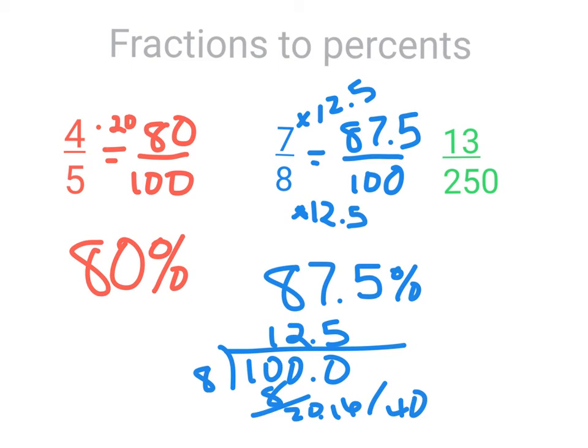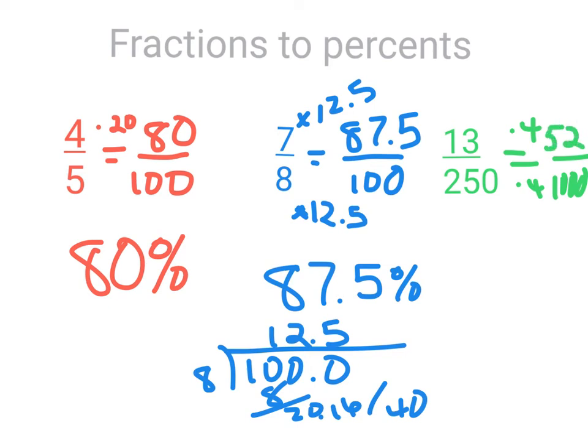Okay, all right, let's move on to 13/250ths. And again, what would you have to do? I think this one would be easiest to take it to 1,000 first and then divide by 10 to get it to 100ths. So here we go. Let's times by 4 to get it to thousandths. So times by 4 would get it to a fraction over 1,000, and 13 times 4 is 52.